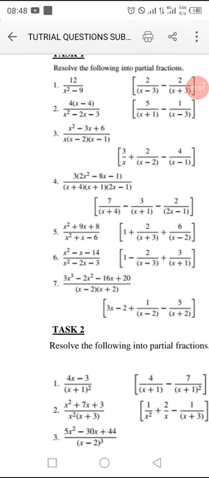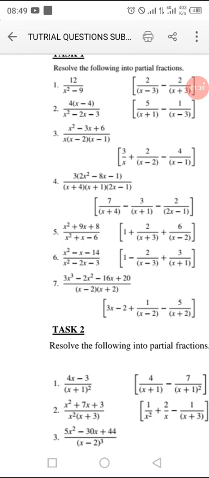Question 5 contains some factors where the top is very big compared to the denominator. So I've got x to the power 2 plus x minus 6 as the denominator. Then the top, I've got x squared plus 9x plus 8, which means the top is very big compared to the bottom.